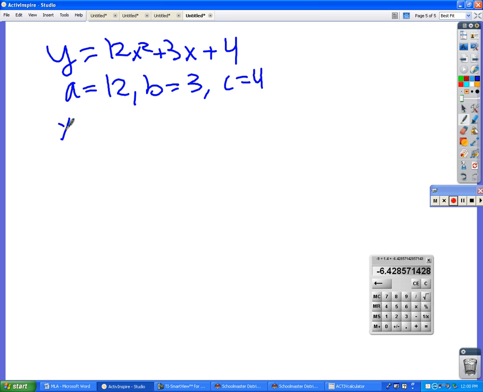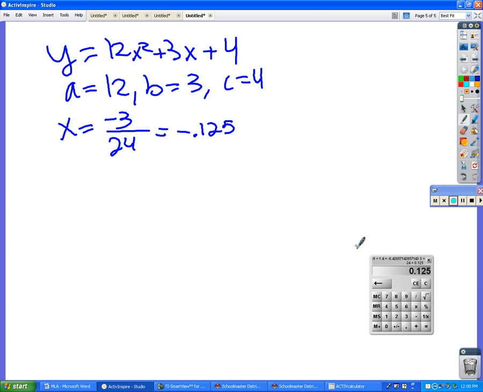To find the x-coordinate, I have to go the opposite of B. If B is 3, the opposite of B is negative 3, divided by 2a, which is 24. And that comes out to be negative 0.125.